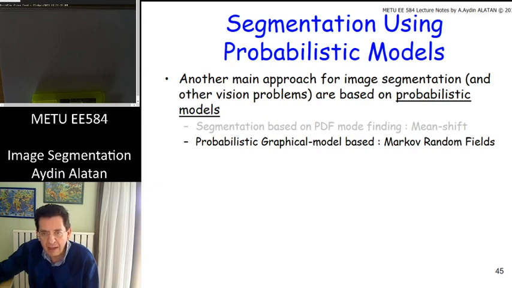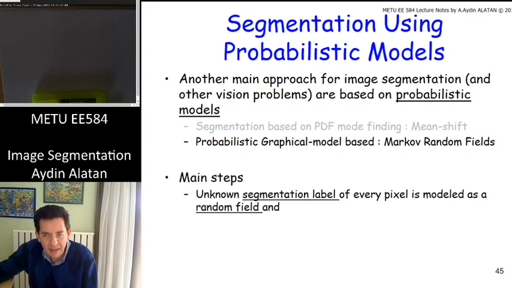Before moving into that, I would like to remind you that this concept can be applicable not only to segmentation, but also optic flow and stereo estimation. In many different parts of vision research, people can use Markov random fields.